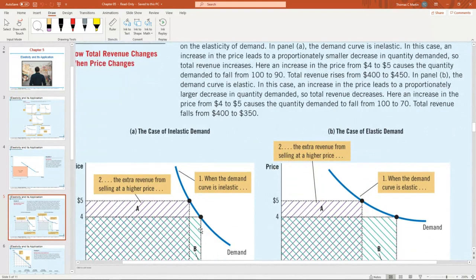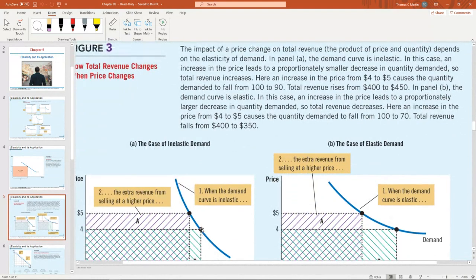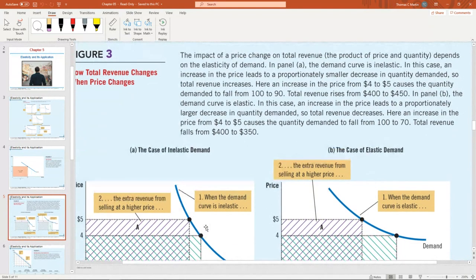We should see an increase in total revenue because it goes from 400 to 450. So as a business, I want to make sure that I take advantage of this. If the consumers are going to buy the units at $5, $6, and $7, that's what I'm going to sell them at. So in this case, I'm going to reduce the quantity and increase the price.